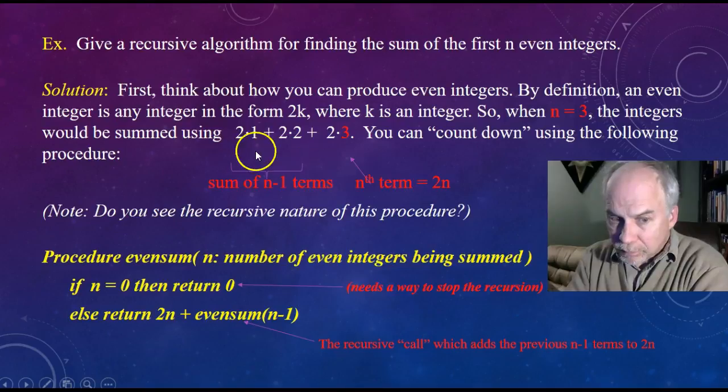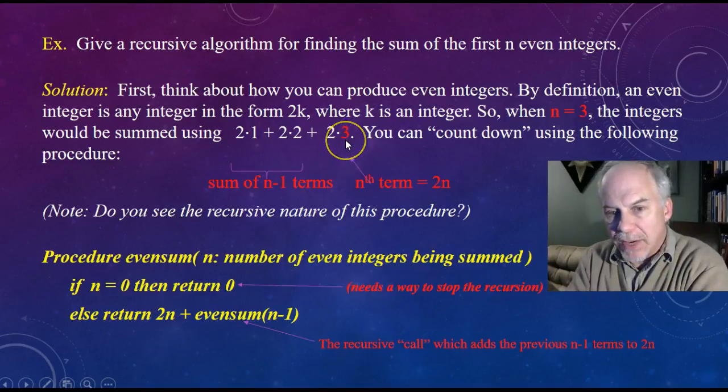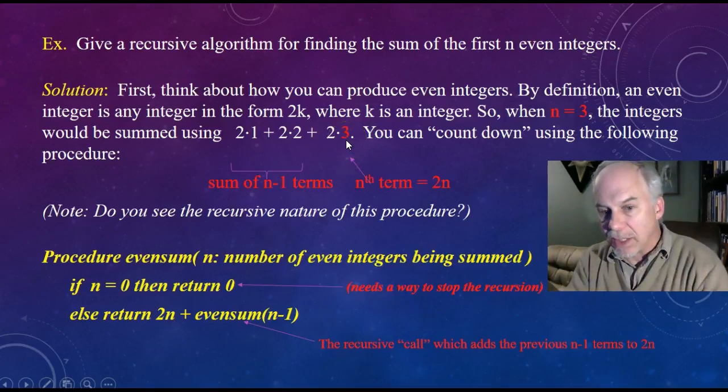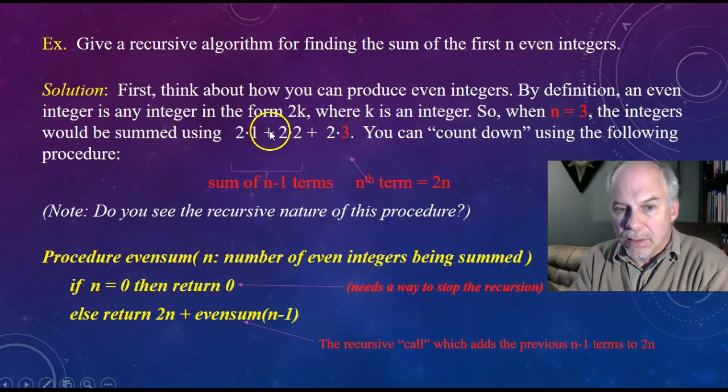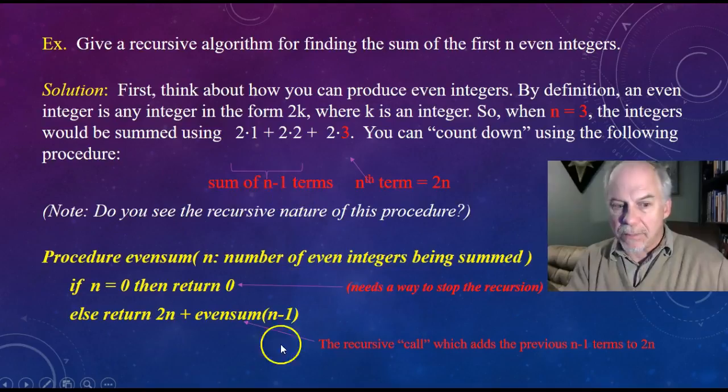That's the way you could think of it. And the nth term would be 2 times n, right? Because if n is 3, then 2 times 3 would be the next even integer that we want to add. So all we have to think about is, how do I add the next term, in this case 2 times n, to the previous sum?